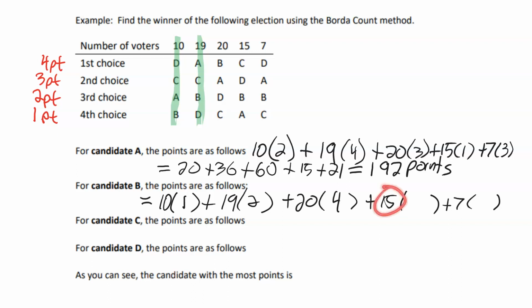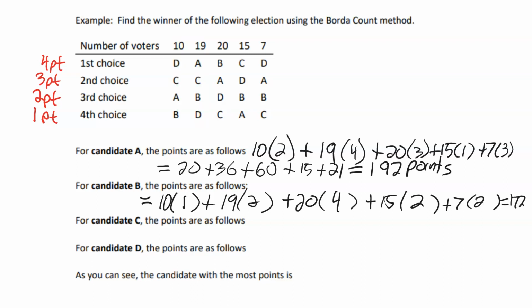In our 15s column, 15 people, candidate B is worth 2 points. And finally, in our 7 votes column, candidate B is 2 points. And we add those up, and you get a total of 172 points. So this is one way you can account for the points, by going from column to column.